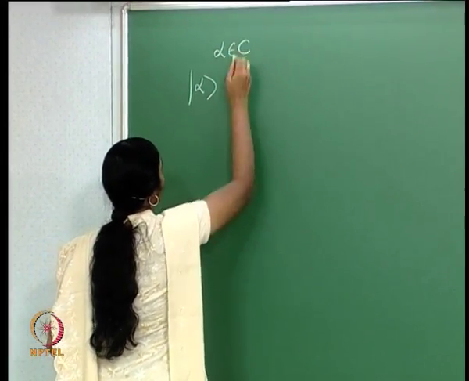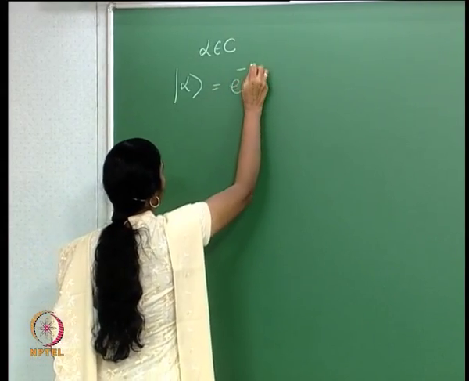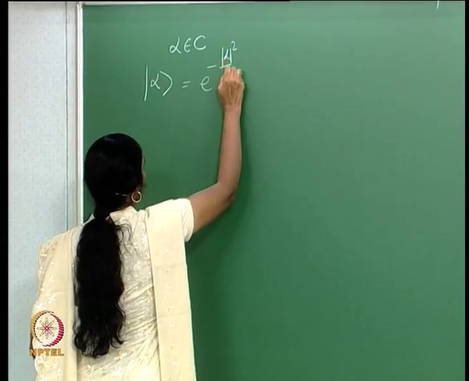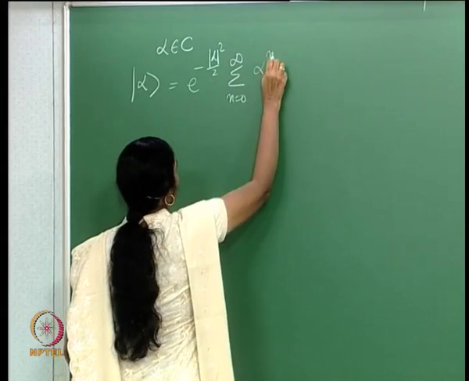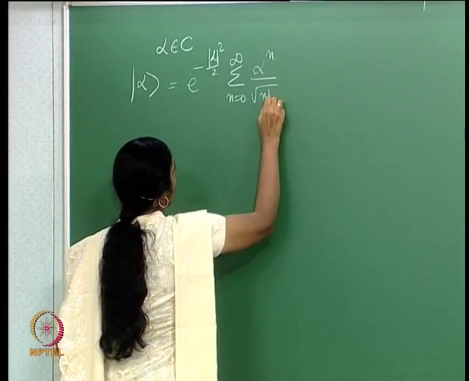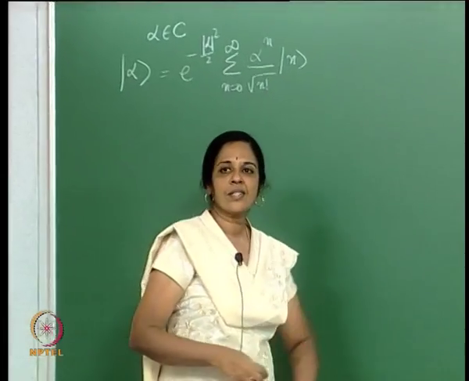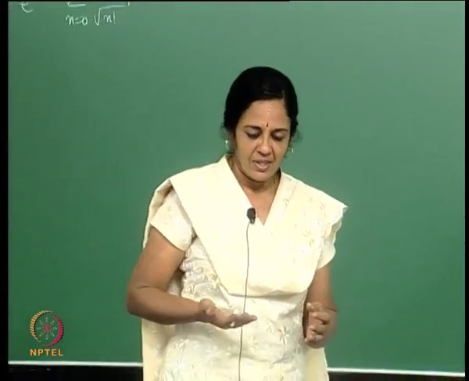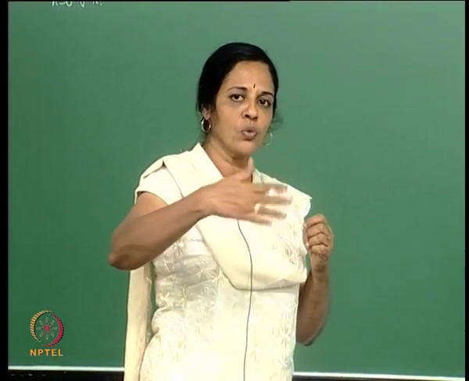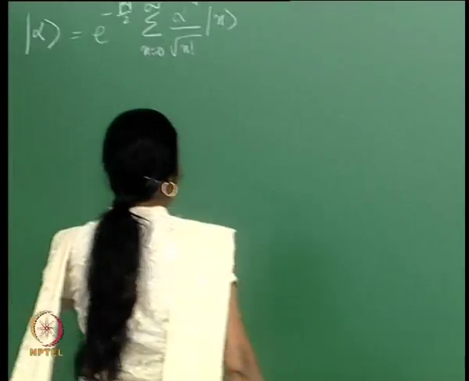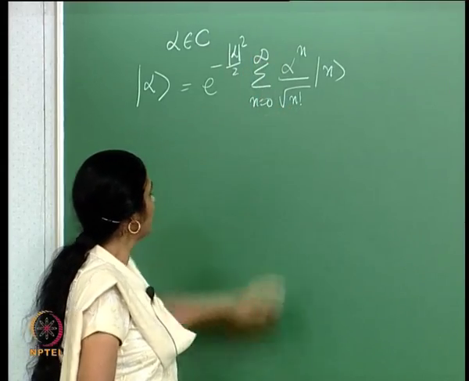Alpha could be any complex number, and this is e to the minus mod alpha squared by 2, summation n equals 0 to infinity, alpha to the n by root n factorial, ket n, where the ket n's are the photon number states. So you can have a superposition of the 0 photon state, the 1, 2, 3 and so on, with a very specific weightage in front of the state.